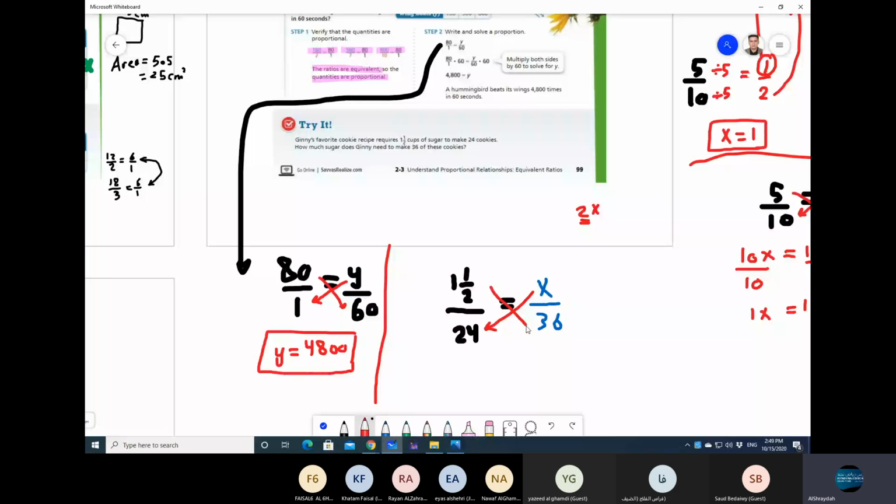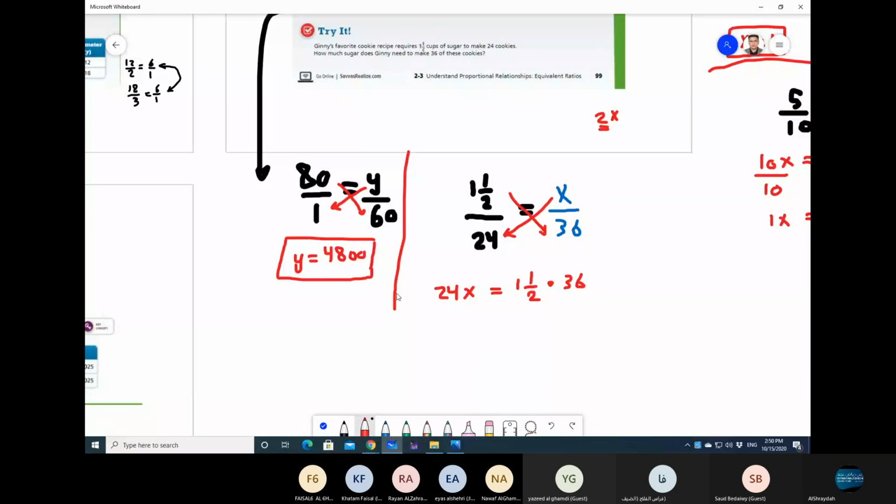36 cookies? Cross multiplication, x times 24 gives you 24x equals 1 and 1 over 2 times 36. Now here you have 24x.